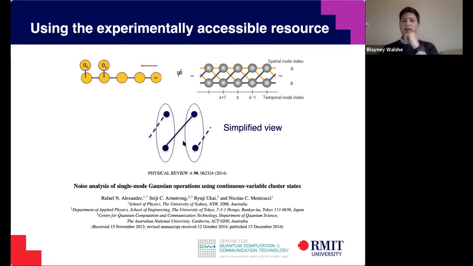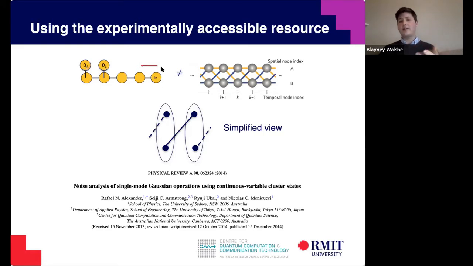The point is that they showed how a measurement across these two modes teleports an input state from one to the other and enacts a gate. And that gate depends on the measurement angles you chose. So the framework of measurement-based quantum computing maps across to these physical cluster states as well.